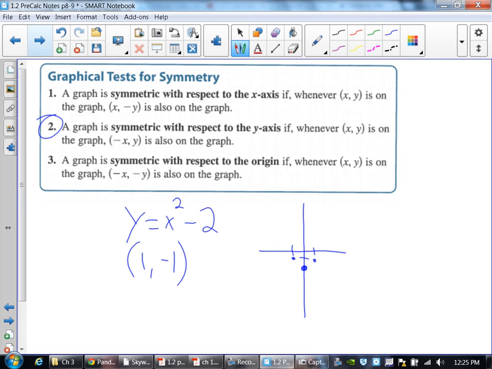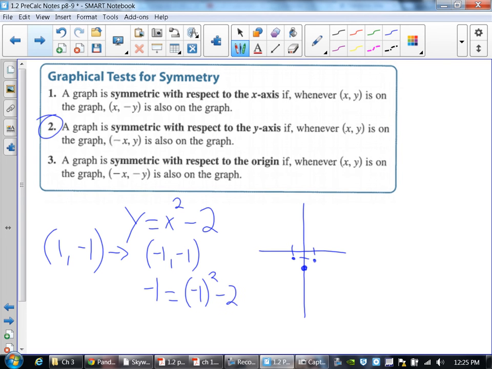If you know that 1, -1 is on that graph, what you're checking is, does -1, -1 work? All you're doing is substituting in. Does -1 equal -1 squared minus 2? Is that a true or a false statement? What's -1 squared? What's 1 minus 2? Is that a true statement?